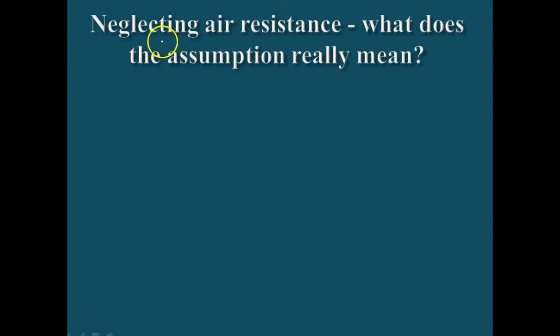Neglecting air resistance. What does this assumption really mean? Yes, while treating the topic of projectile motion, we have stated that we assume that the air resistance has no effect on the motion of the projectile, isn't it? Friction, force due to viscosity, air resistance are all dissipative forces.